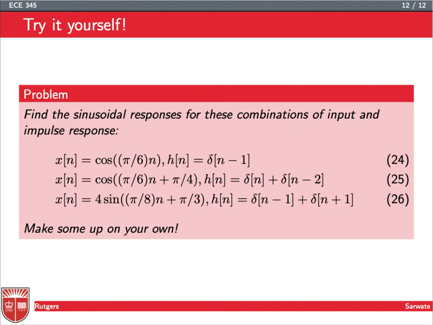So of course, nothing left to do but to try calculating some sinusoidal responses. Here are a couple of examples for you to try on your own, and I encourage you to make some up as well. You'll get a little bit of practice doing your complex numbers, but I think what you'll get is much simpler formulas. In fact, you can discover new trig formulas if you like by doing this operation, although that's kind of a byproduct.